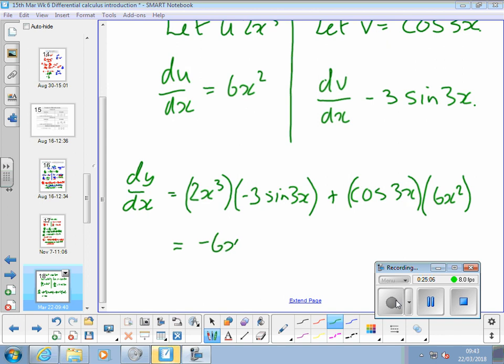Minus 6x cubed. That comes from multiplying that 3 by that 2x cubed. So sine 3x plus 6x squared cos 3x. Well, what's the answer he's given?